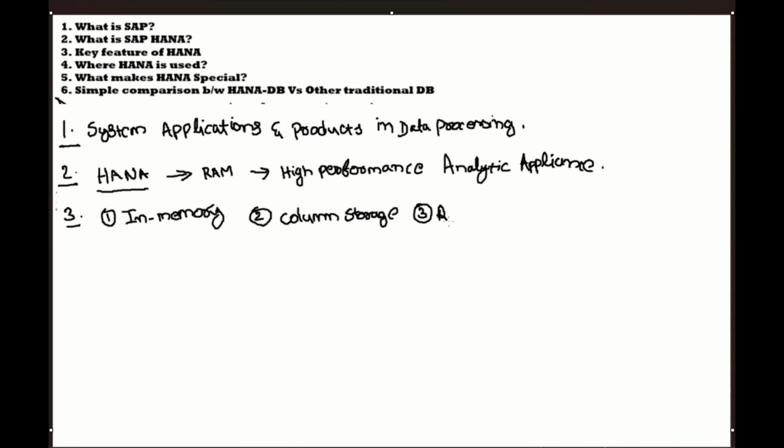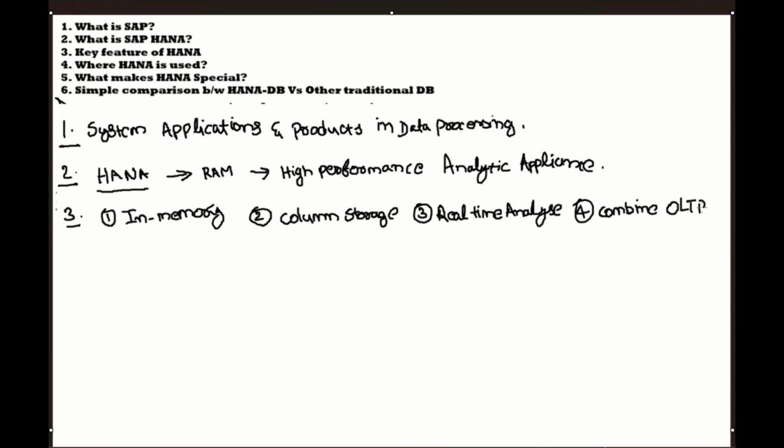Real-time analysis. You can do instant analysis on older or current data, even huge data, without delay. That's why real-time analysis is another best feature. Next, combined OLTP and OLAP.